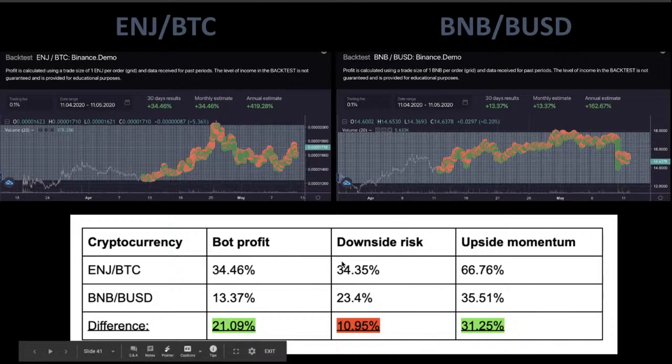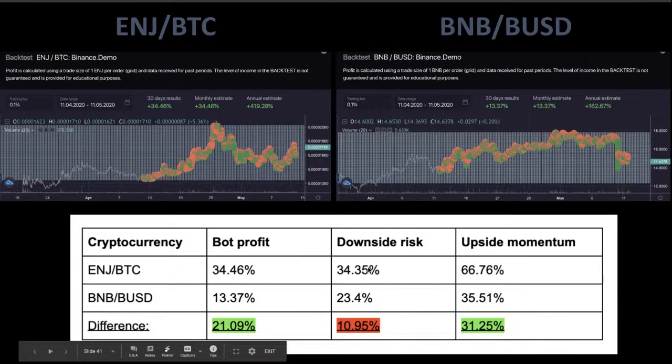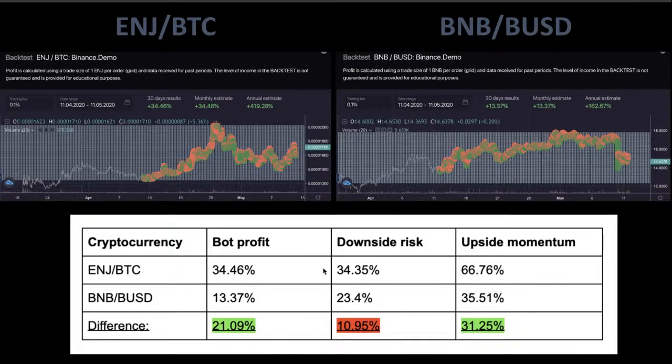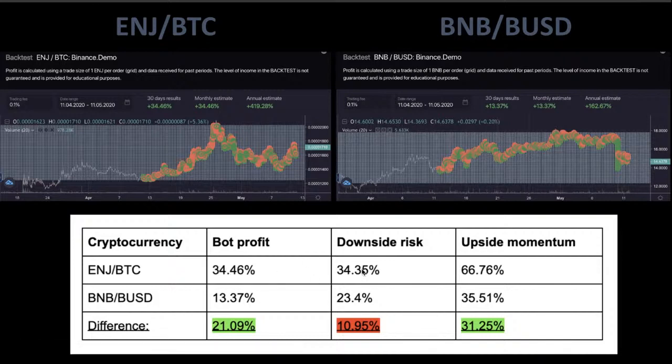But rational traders and investors also have to take into account the downside risk. They have to keep in mind that there is volatility on the market, and if they want to avoid extreme volatility, if they don't want to see their cryptocurrencies depreciate by more than, let's say, 23%, using backtesting you can find those cryptocurrencies that have demonstrated optimal return for a given risk.